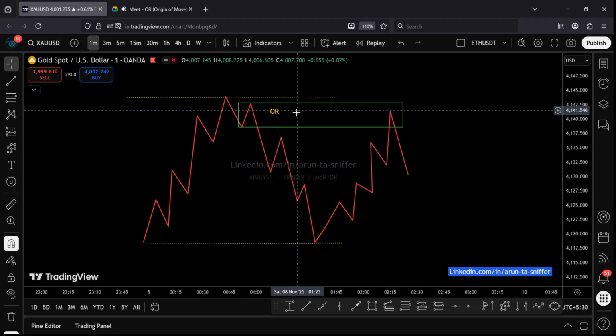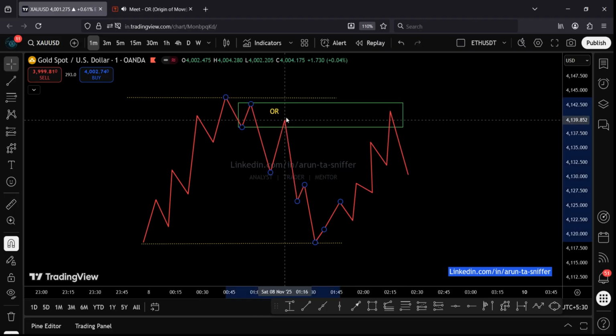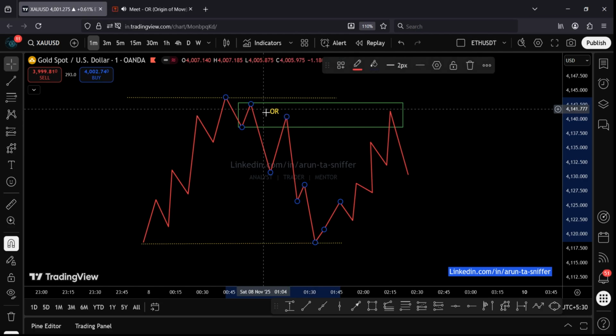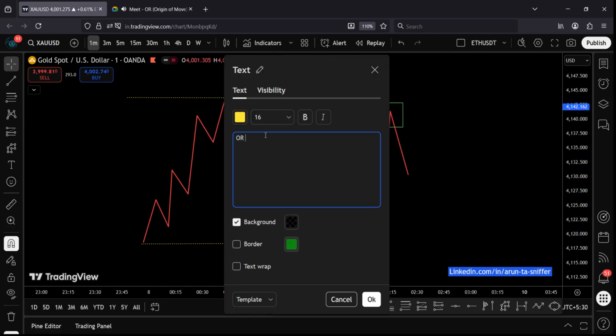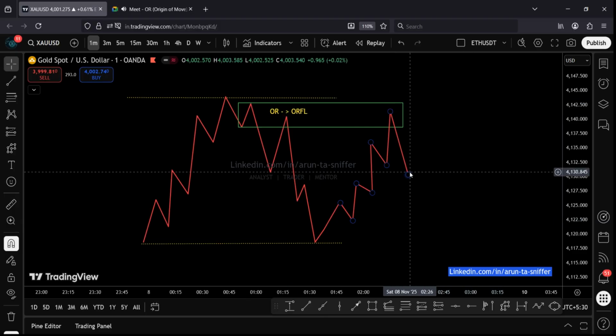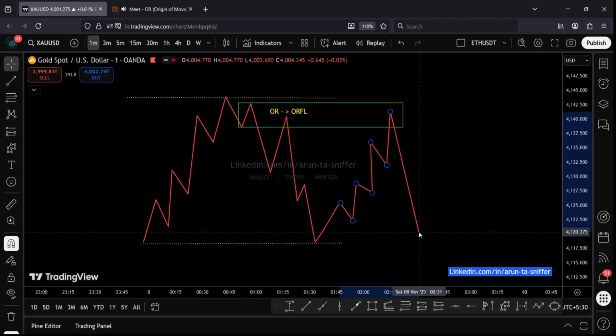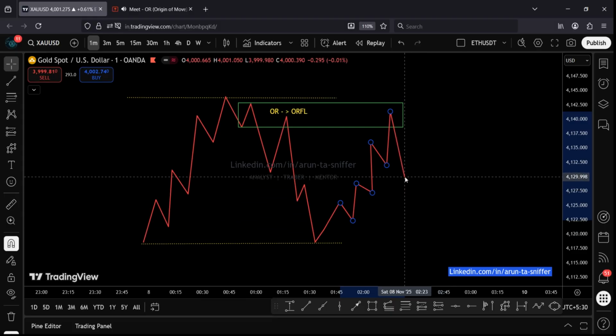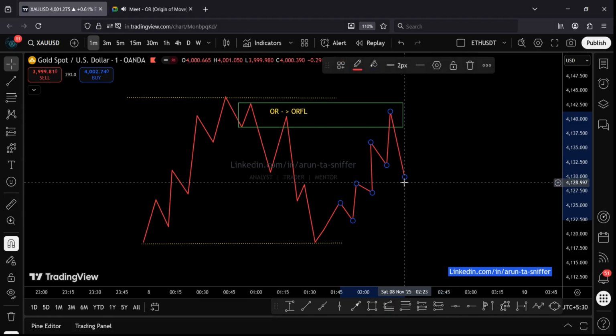But what happens if we have ORFL? If price reached here and was held by this, and we had ORFL, what we usually see is that this retrace will be deeper. Only in the OR case, price will retrace till here, a small retrace, and go up again.